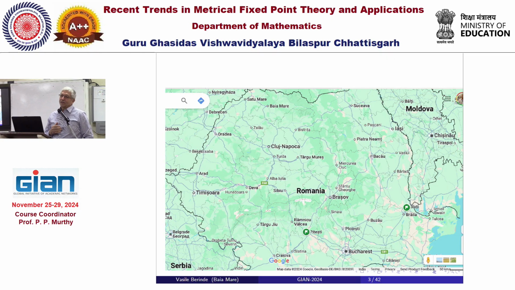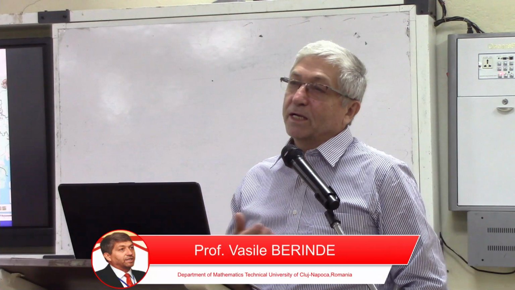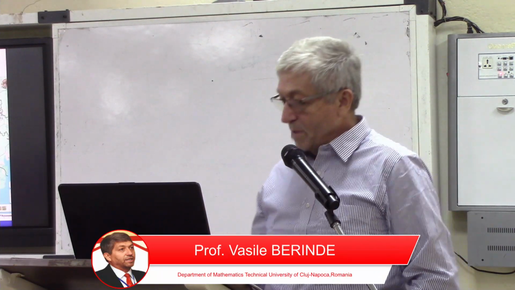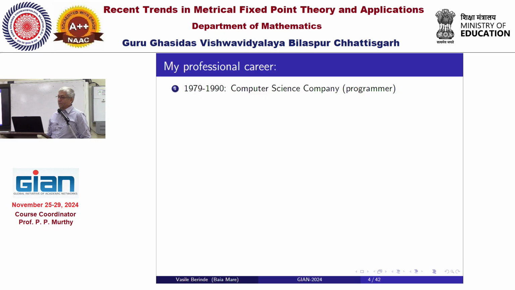In order to eliminate pollution, since any chemical industry is polluting, and Baia Mare used to be one of the most polluted cities in Romania due to the chemical industry. Now it is very clean. It is a green city because we don't have any chemical industry now.